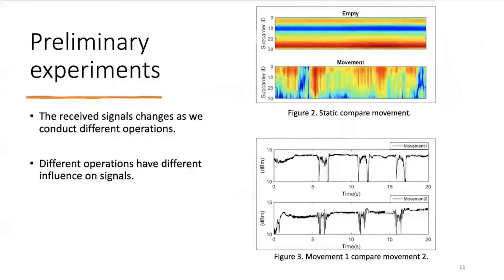Here we give some preliminary experiments. First, as you can see from Figure 2, compared to the static scenario, the movement will cause a change in the Wi-Fi signal, and from Figure 3 we can find that if we do different operations or movements, they have different influences on the signal level.